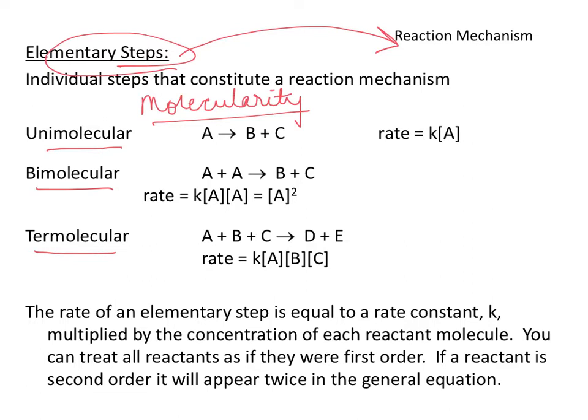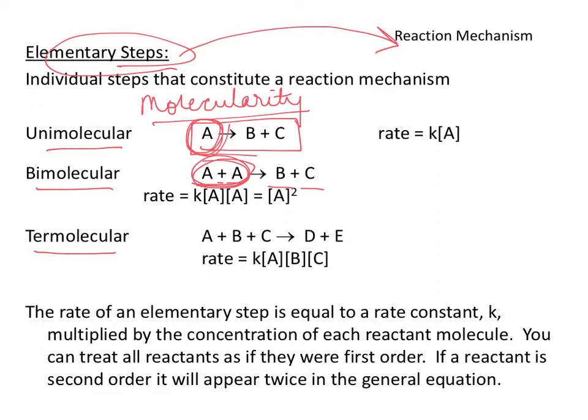So if your reaction is A giving you B plus C, since there is only one kind of molecule present here, we are going to call this a unimolecular reaction. On the other hand, if you have A plus B giving you A plus A, or 2A giving you B plus C, that would mean that two molecules of A are involved, and so we'll call this a bimolecular reaction.